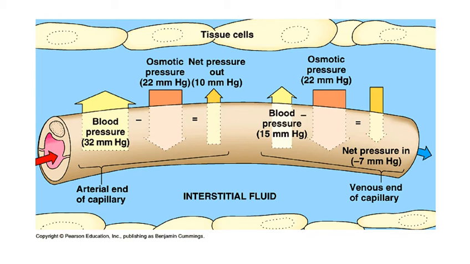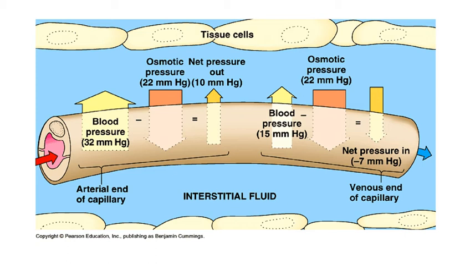Now, a basic concept is that fluids and substances move from high to low pressures. So at the beginning, the blood pressure is higher than the osmotic pressure. That means stuff is going to move outside of the blood vessel and into the interstitial fluid, and from there, hopefully into the tissue cells.